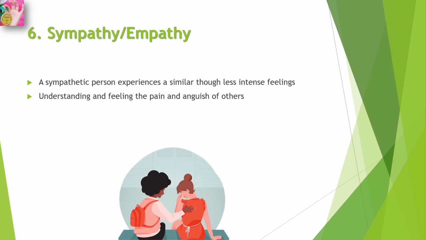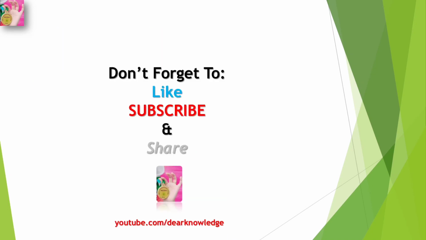This is empathizing, understanding and feeling the pain and anguish of others. And this is not a universal need, as many people are sadistic by nature, that is, they laugh while others are in pain. So this was all about sympathy and empathy, and this was all about today's video.